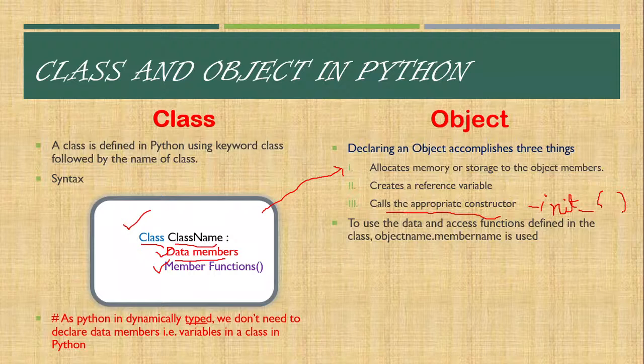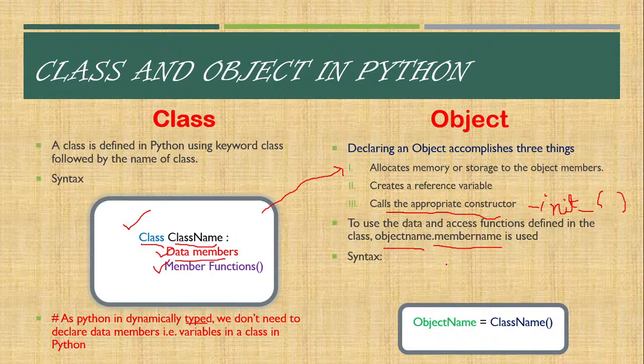So if we want to use the data or access the functions defined in the class, we first need the name of the object, then the dot operator, and after that the name of the method. Or, if we want to access some data member, we write the name of that variable after the dot operator.